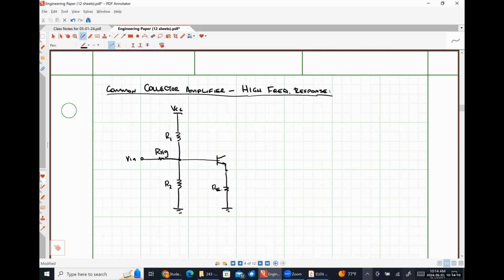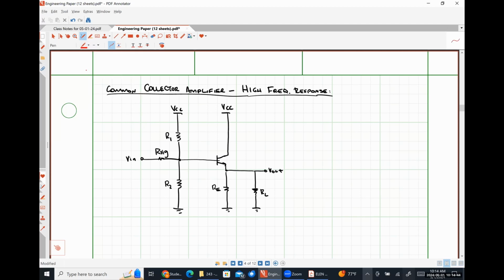Here is RE. C out is a short circuit, so now we're just going to see RL directly connected to that. We're going to measure our output voltage here at the emitter node directly now. And once again, my collector node is tied to my supply voltage. So that's what everything looks like with all of our coupling capacitors shorted out.